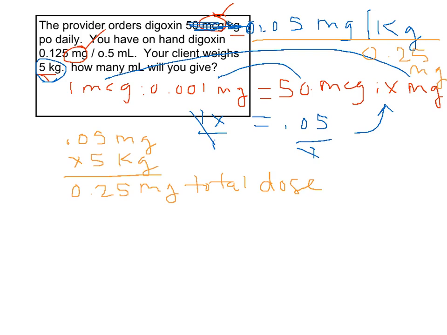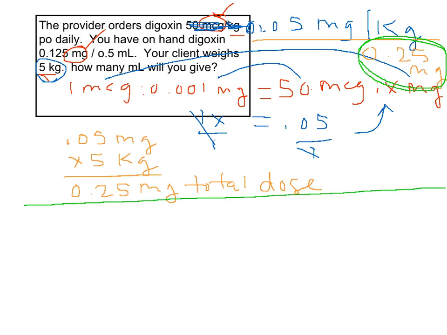That was step 2. Now, step 3. Through your other calculations, you figured out that what has been ordered is 0.25 milligrams, and what you have on hand is 0.125 milligrams in 0.5 mils.